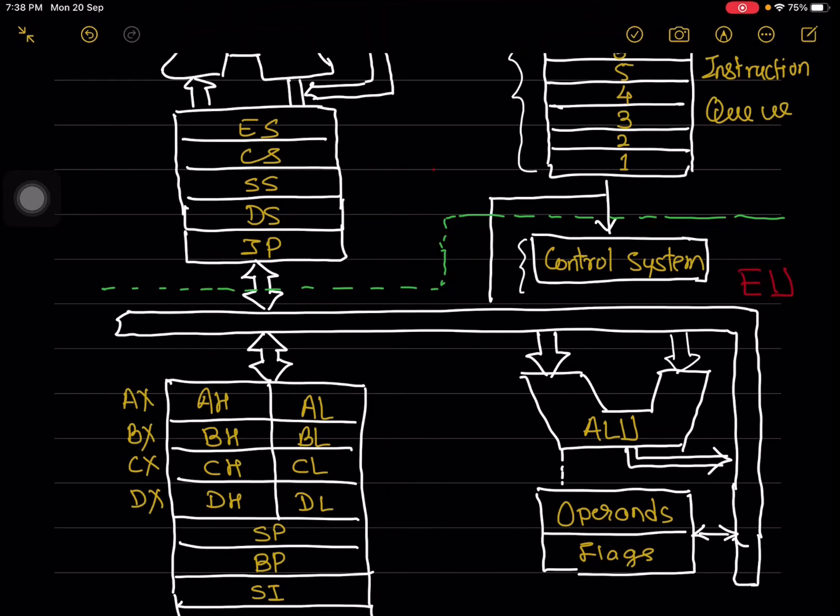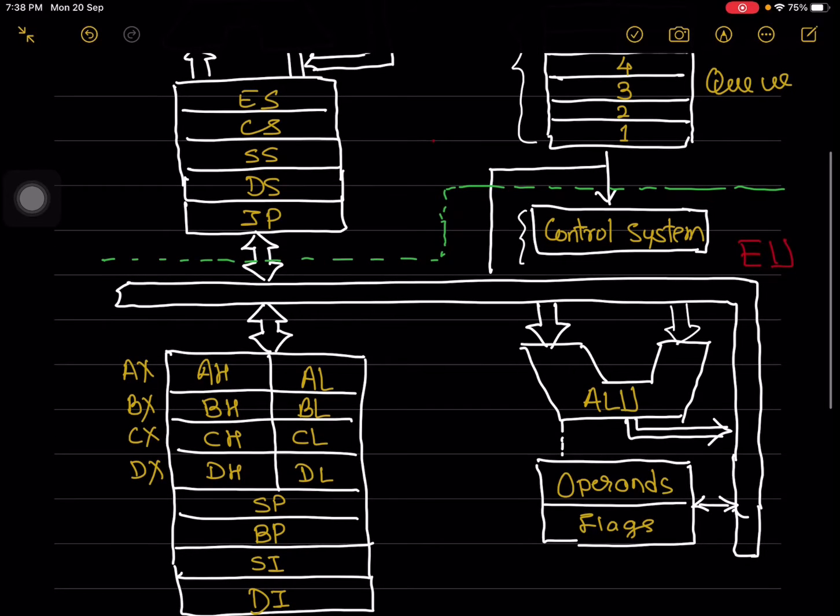For the execution purpose, the execution unit has various parts. The first part is the ALU, that is arithmetic logic unit. The second part is the general purpose registers, which are shown here. The third part is special purpose registers, and the fourth part is the flag register. While discussing the execution unit, we will be studying these parts one by one.